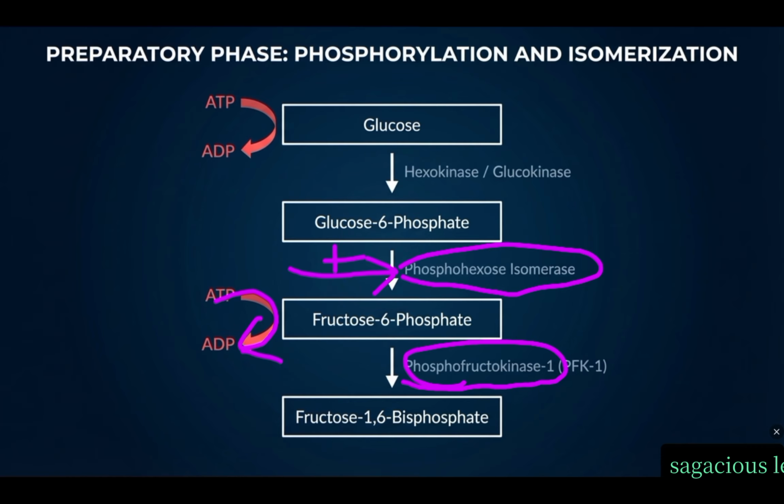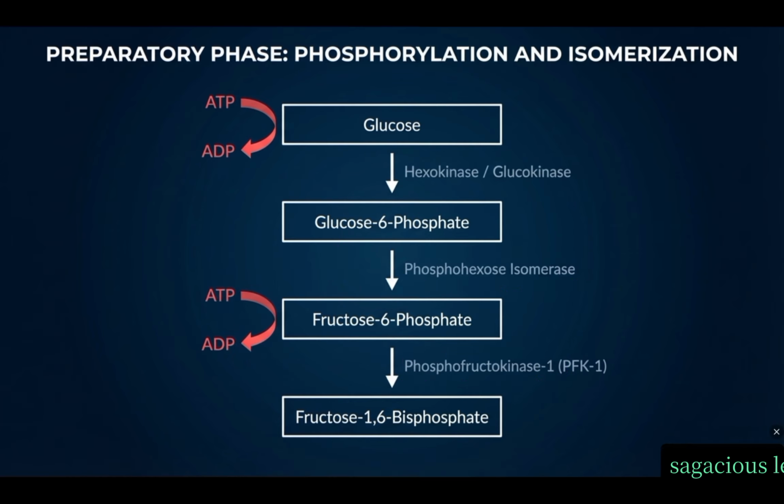Just observe something. In the conversion of fructose-6-phosphate to fructose-1,6-bisphosphate, an enzyme called phosphofructokinase type 1 is doing that. And I want you to observe that we now have the word kinase, and again the word kinase.